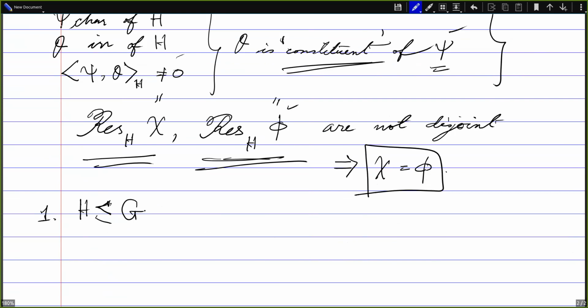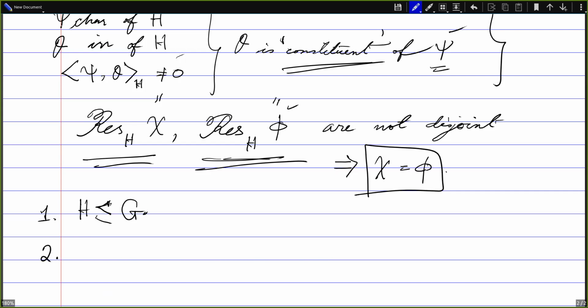So all irreducible characters of H can be found in the restrictions of the irreducible characters of G. This is what the first point says, where to find all irreducible characters of H. It says that they certainly occur in the restrictions of the irreducible characters of G.